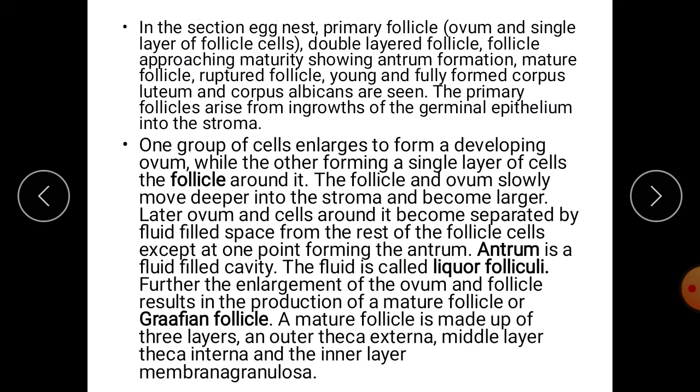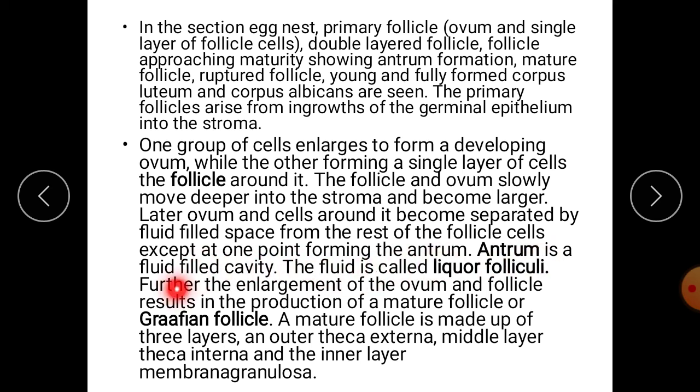So one group of cells enlarges to form developing ovum, while the other forms a single layer of cells, the follicle around it. The follicle and ovum slowly move deeper into the stroma and become larger. Later, ovum and cells around it become separated by a fluid-filled space from the rest of the follicle cells, except at one point, forming the antrum.